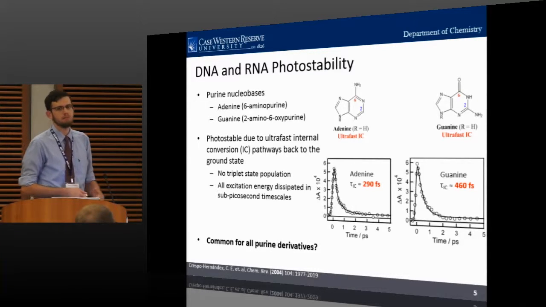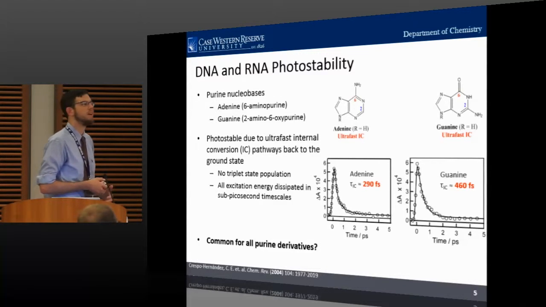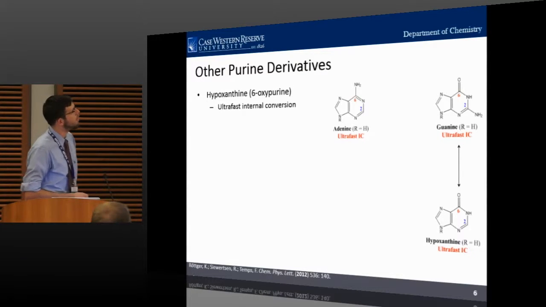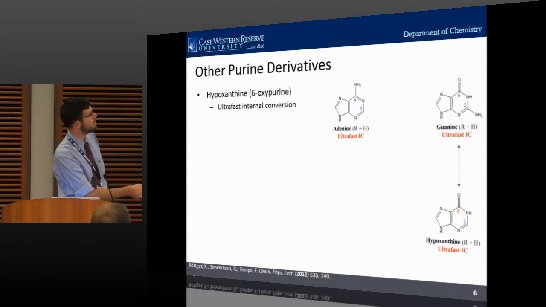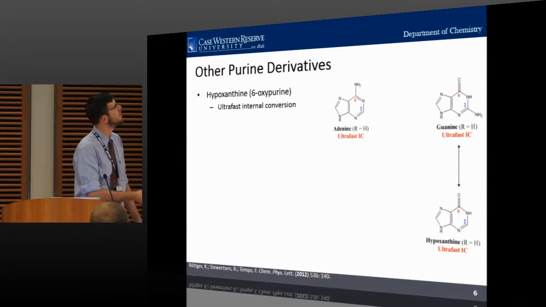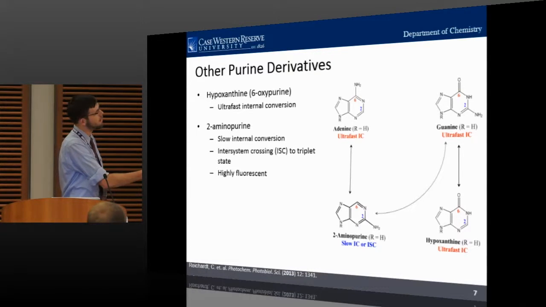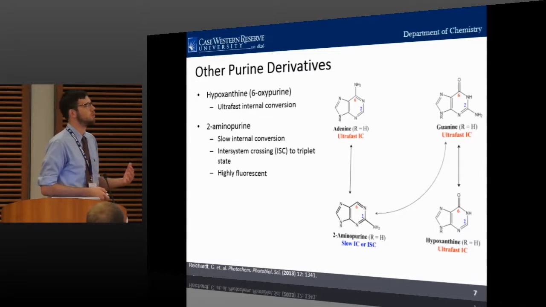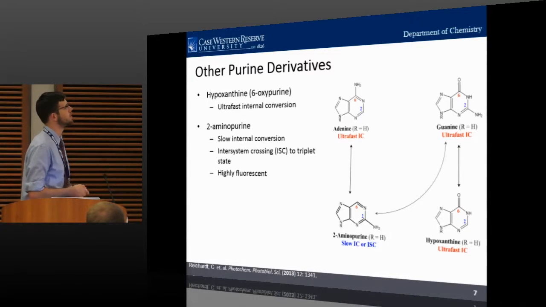But the question that arises is that these have different structures, but they're fairly similar. Would this be the case for all other types of purine derivatives? Other works that have been done in the past looked at a derivative of guanine, hypoxanthine, which has also been observed to ultra-fast intersystem cross back to the ground state. However, just as we saw in the last talk, this derivative of adenine, and I guess of guanine as well, is actually fluorescent, and it is also able to populate a long-lived reactive triplet state depending on its environmental conditions.